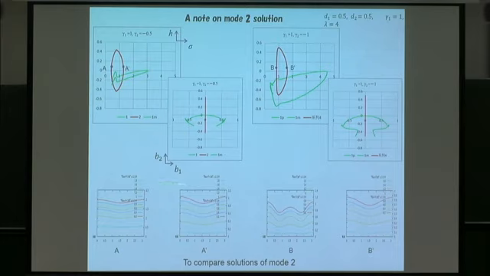But in the right figure, the wave profiles of solutions at the points B and B dash are like this. Very different, because the mode 2 branch emanates from a trivial solution and joins the mode 4 branch.